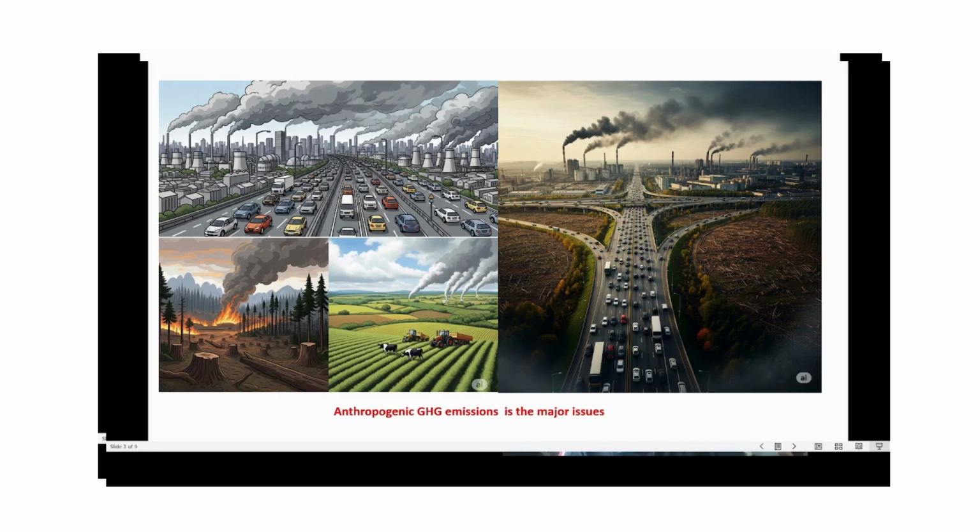At the same time, you can see deforestation is at an alarming rate. So what happens here is, whatever greenhouse gas is generated anthropogenically cannot be balanced naturally. And then we will have a surplus of greenhouse gas in our atmosphere.